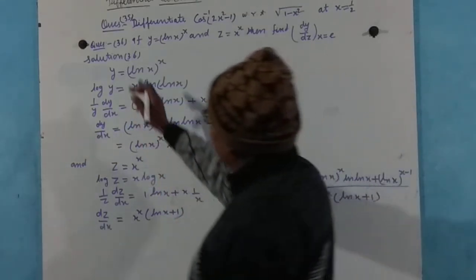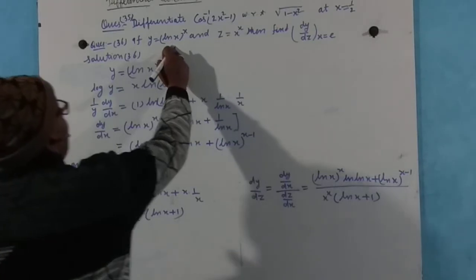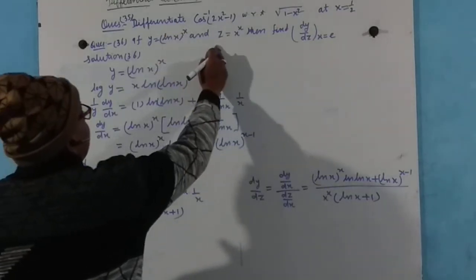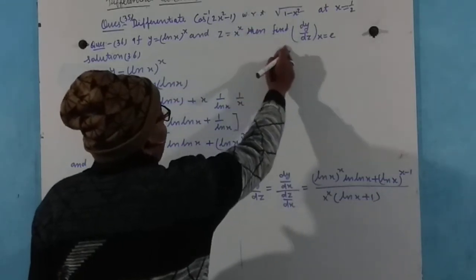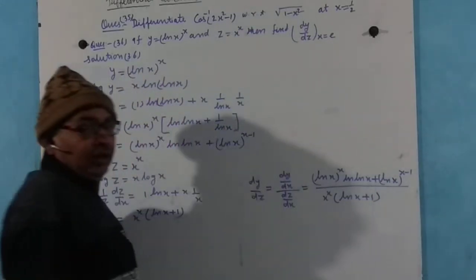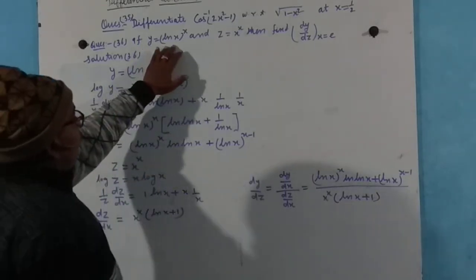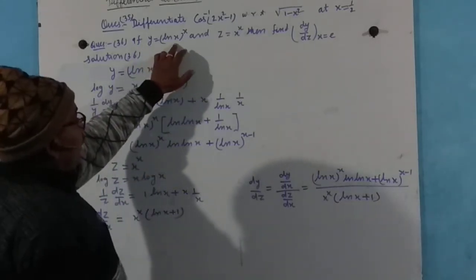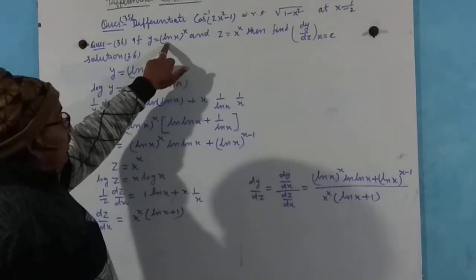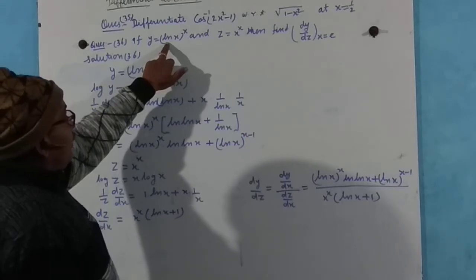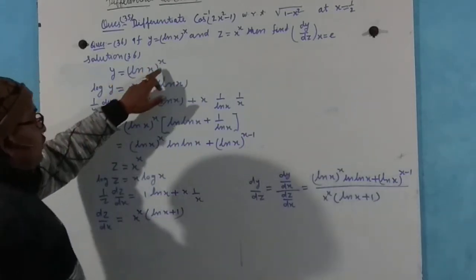Now question number 36. If y is equal to (log x) to the power x and z is equal to x to the power x, then find dy by dz at x is equal to e. Now given that y is equal to (ln x) to the power x, this log can be written as ln x.